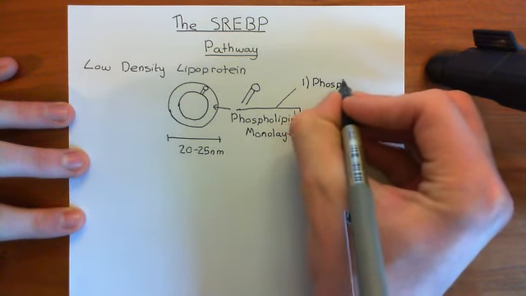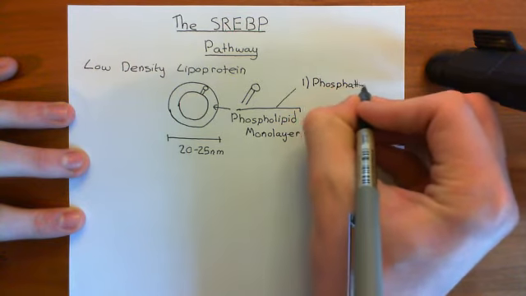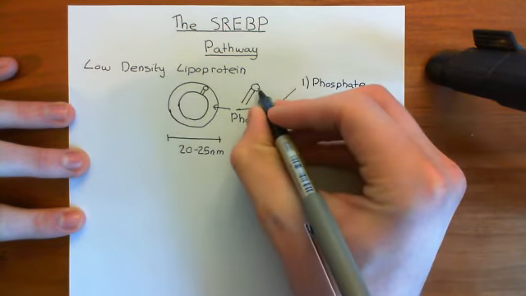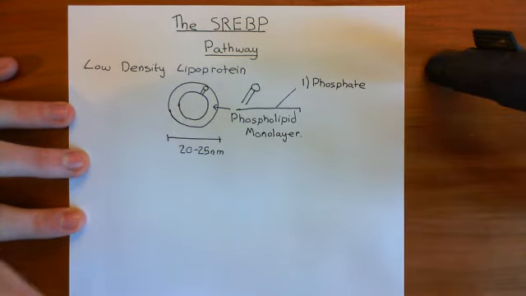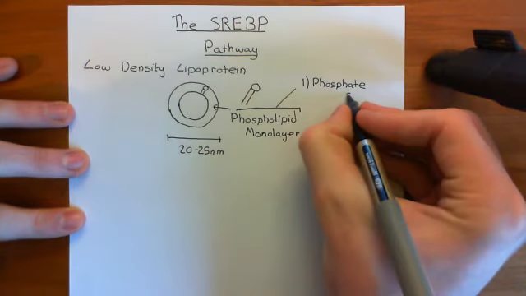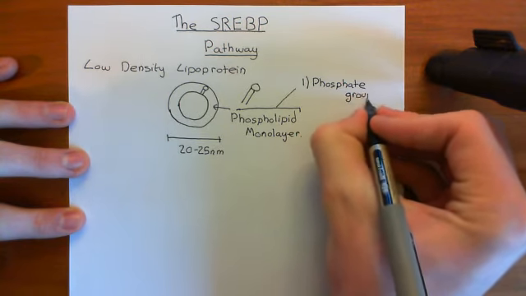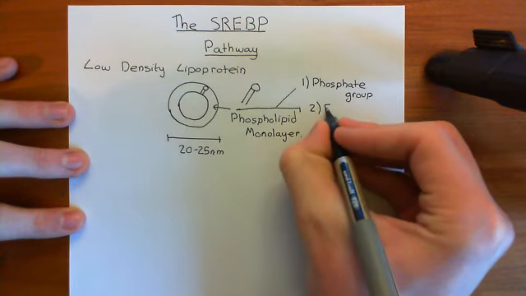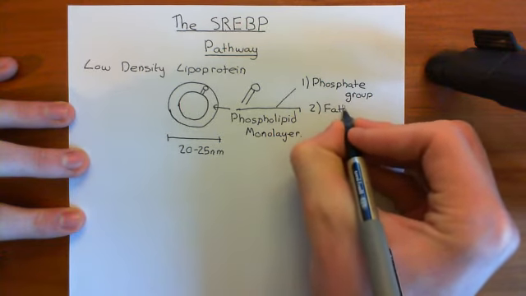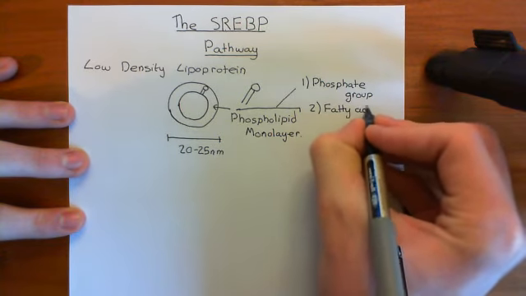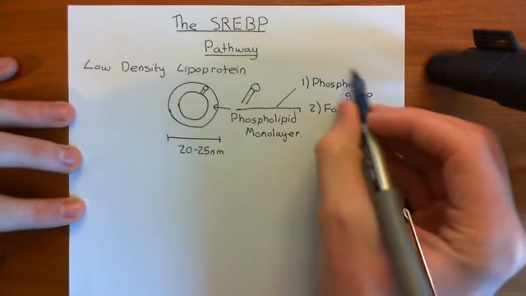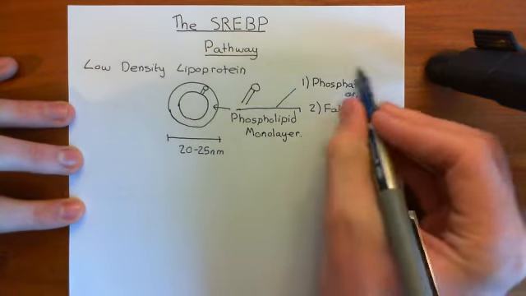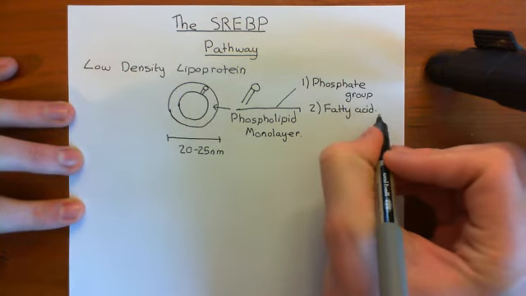Generally, this phosphate group will be within the polar head of the lipid molecule, because phosphate groups have a negative charge on them and therefore are extremely polar and interact nicely with water. So you need a phosphate group. And the only other criterion is that within your structure you also need some long-chain carboxylic acid, or a fatty acid, basically. So those are pretty lenient conditions. Many different molecules satisfy those conditions.